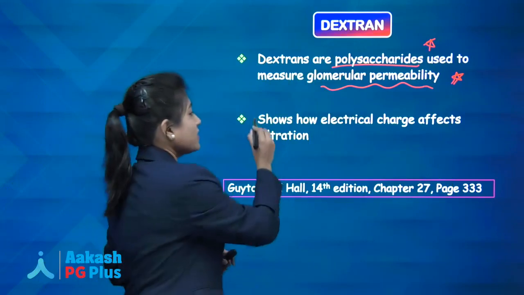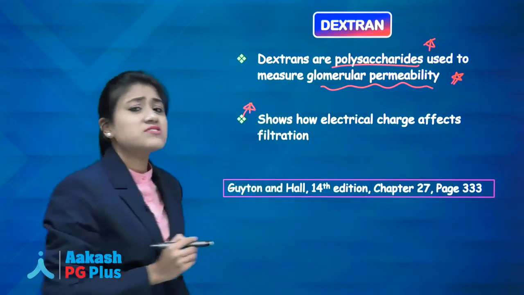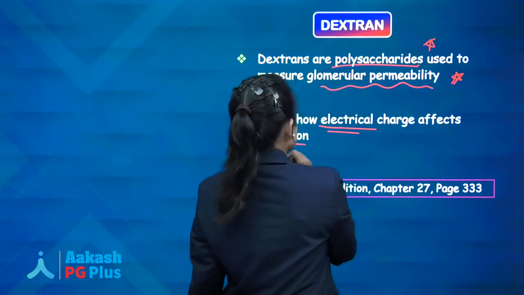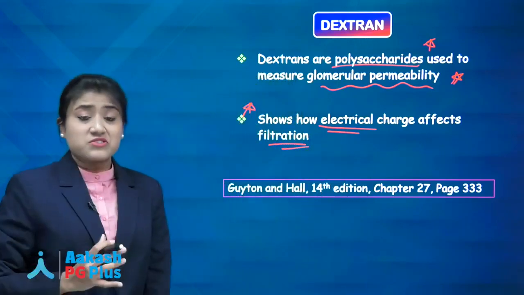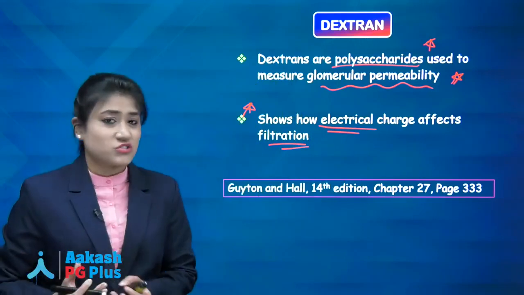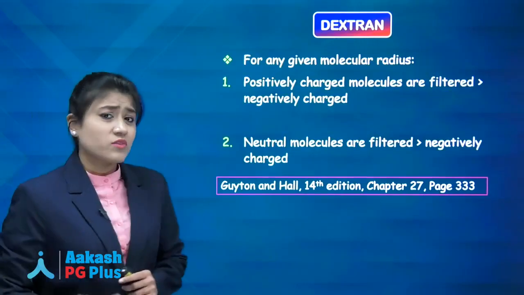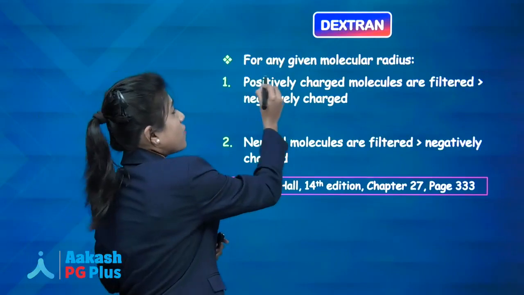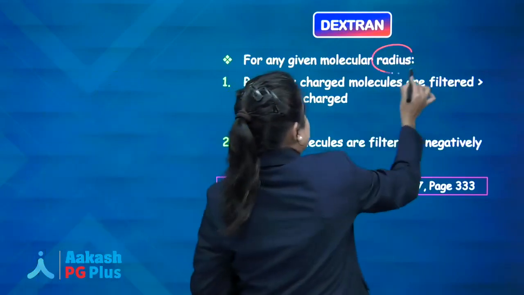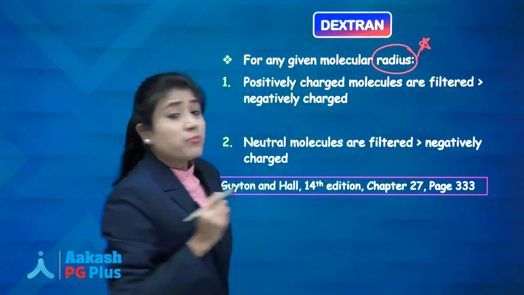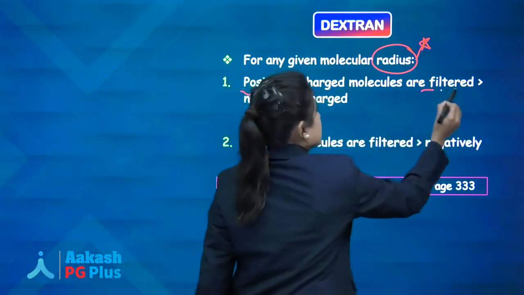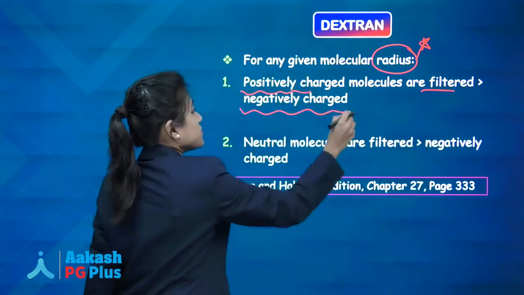Got it? Again, you should know that these dextrans show that electrical charge affects the filtration. Okay, so these dextrans just show whether the electrical charges affect the filtration or not. So here, one more thing you should know, that for any given molecular radius, positively charged molecules are filtered more than the negatively charged molecules.